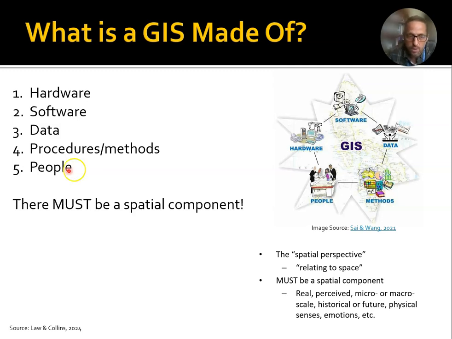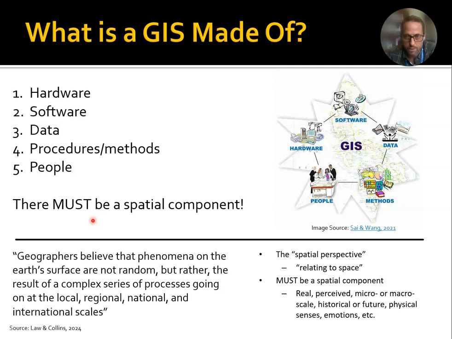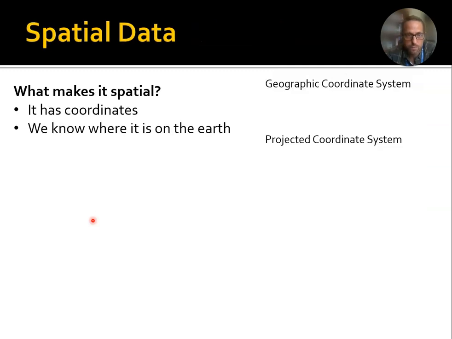Okay, and remember, always, always, always has to be a spatial component. There always has to be a spatial component. And remember, as a geographer, which GIS is part of geography, it's the belief and the understanding that things that you see out in the world are not there randomly, that there is a process behind all of it. And so it has to be spatial. What makes it spatial?